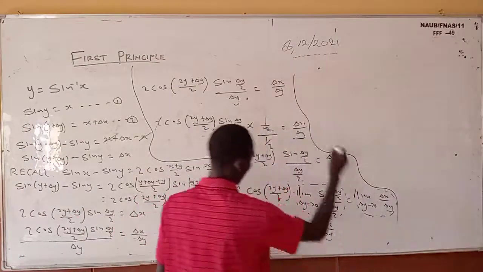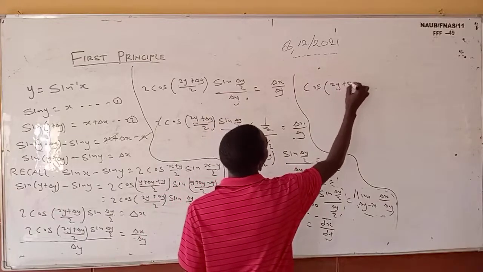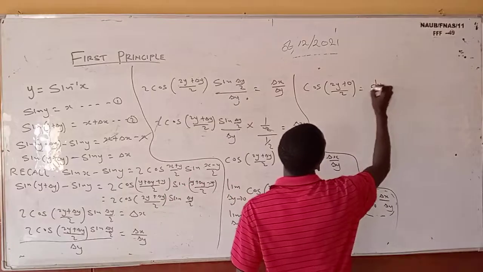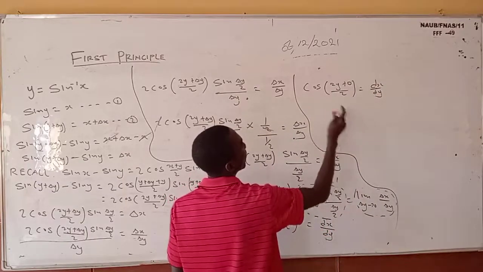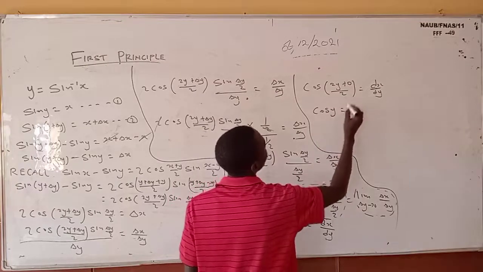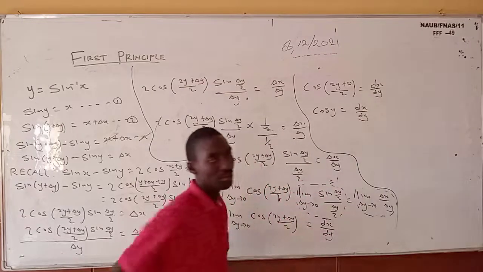So we are going to have cos of (2y plus 0) over 2, which will be equal to ds over dy. So 2y plus 0 is still 2y. 2y over 2 is y. So we are left with cos y equals ds over dy.